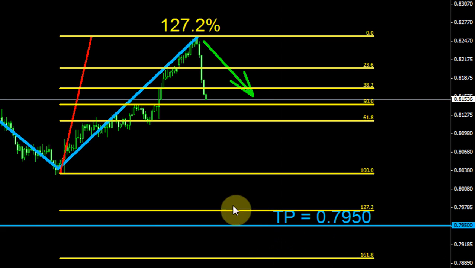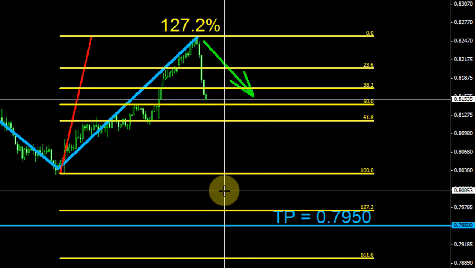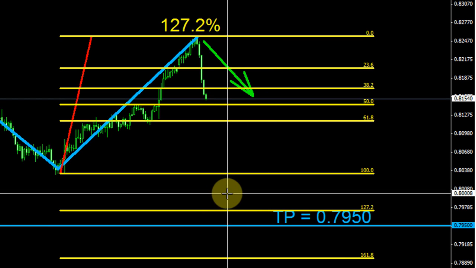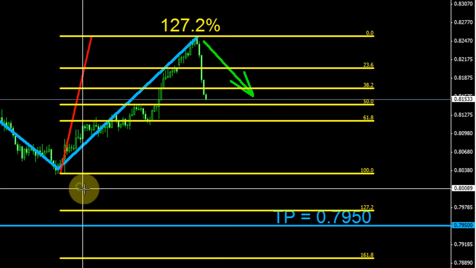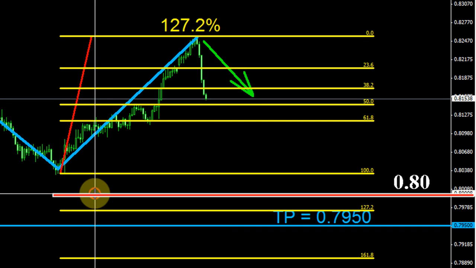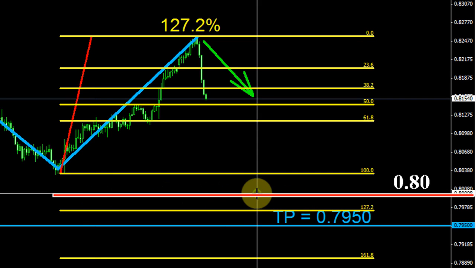But in our case, we have a very strong support level at 0.80, which the price has not been able to surpass two times already. So it is quite a strong bet that we will go through this level, and that's strong enough already.